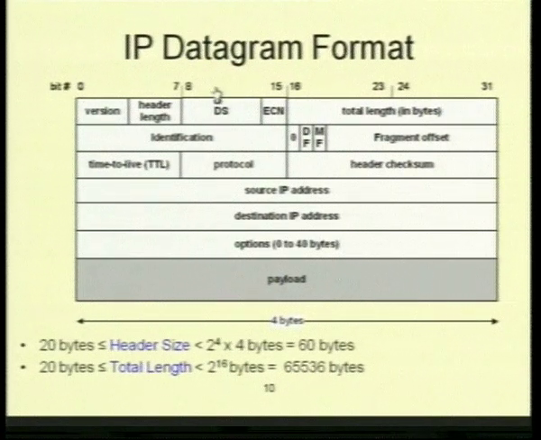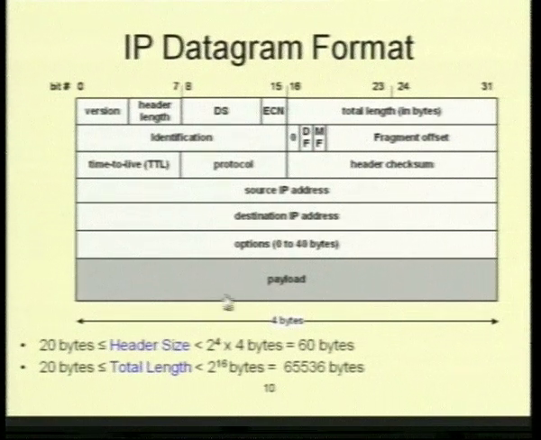So, 5 into 4 bytes, 20 bytes, is the minimum size of a header, and the maximum size of a header could be up to 60 bytes, basically because the header length field will tell you how big the header can be. We use 4 bits to specify the header length. So, you can have 2 power 4 different such 4-byte fields specified. So, 60 bytes is the maximum length of the header.